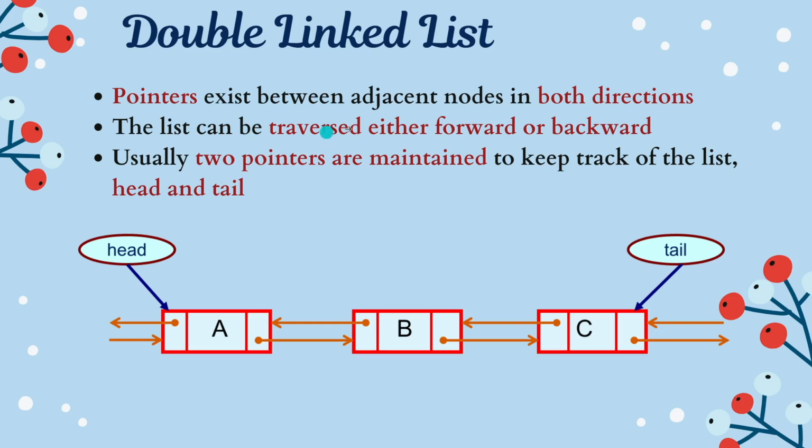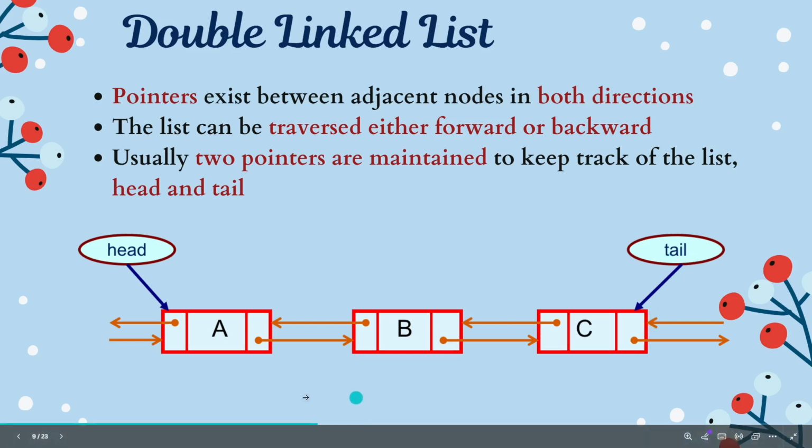We can traverse the double linked list in both directions, that is, in the forward direction by navigating with the next pointer, and in the backward direction by following the previous pointer. In a double linked list, we can usually designate two pointers, namely head to point to the first node in the list, and we may even have a pointer named tail to point to the last node.